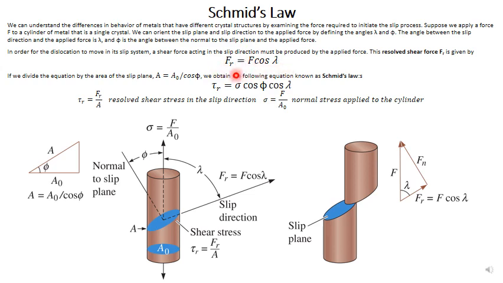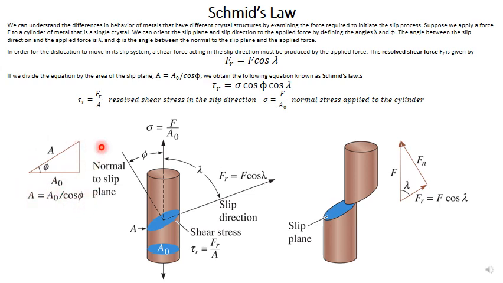Now, if we divide this equation by A, which is the area of the slip plane, it is obvious that A is A naught, the cross-section area of the cylinder, divided by cosine phi.